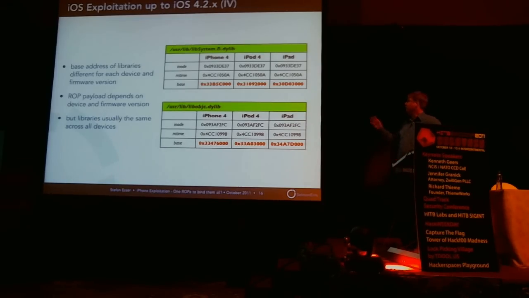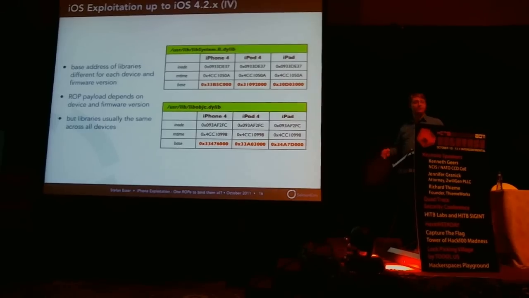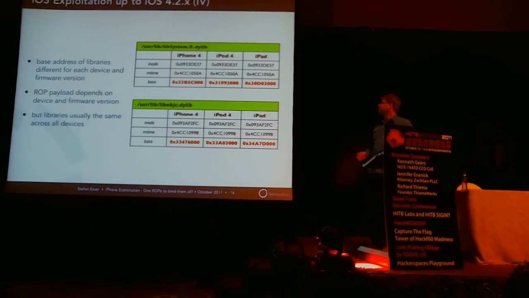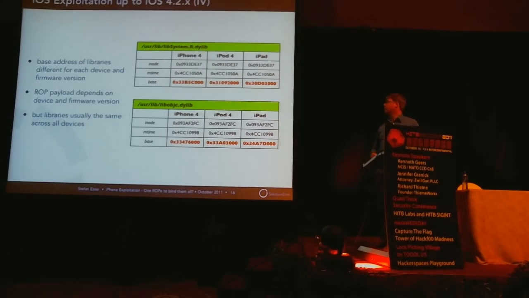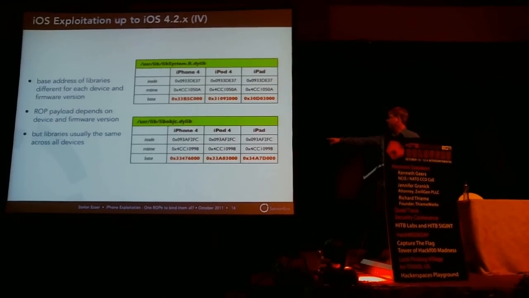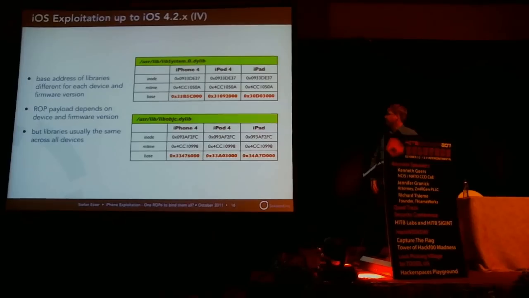So for all of the devices, the libraries may be the same binary file, but they are mapped to a different address. We had 81 different devices and versions, so without ASLR, there are 81 different load addresses across all the devices for the same library. When you look into the cache, you also see the modification time and the inode, and they are the same, so most probably they're always the same binary.